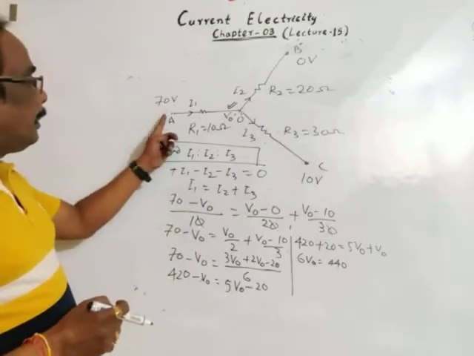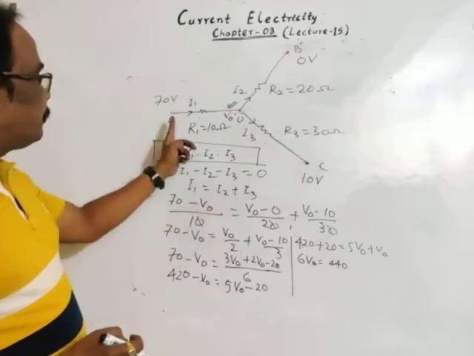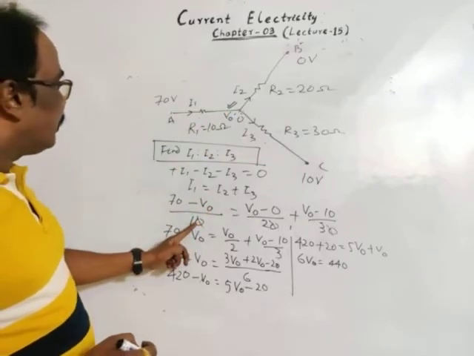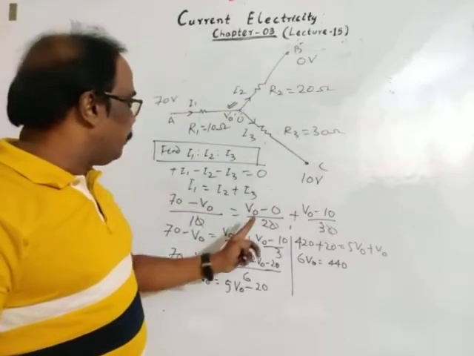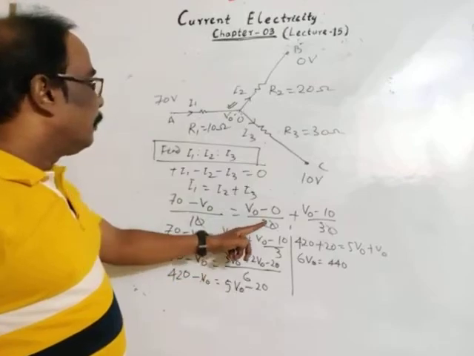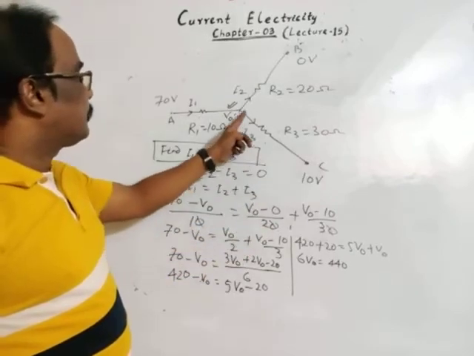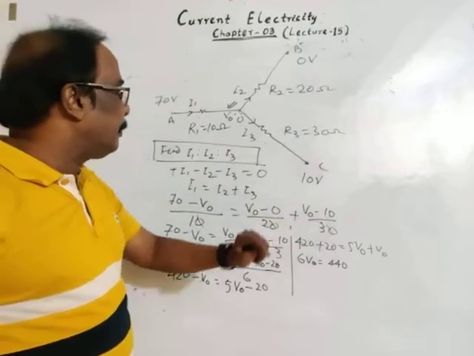See, I1 is 70 minus 0 divided by resistance, 10 ohm. I2, VO minus 0, is VO divided by 20, plus I3, VO minus 10 volt divided by 30.